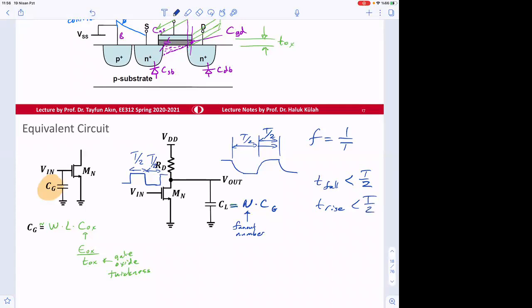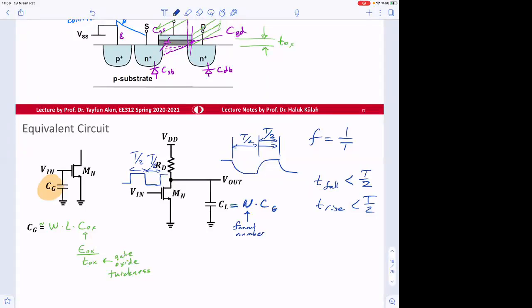So the minimum or the maximum of those two should be considered while estimating the maximum frequency of operation.